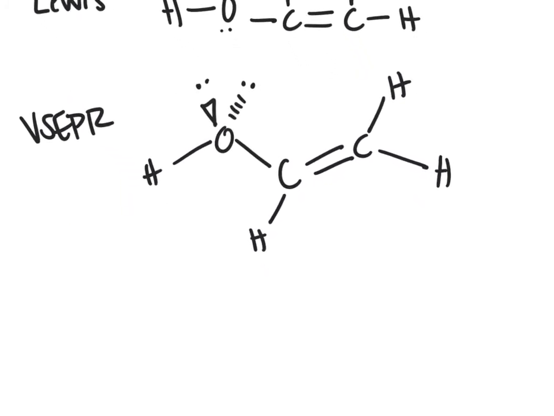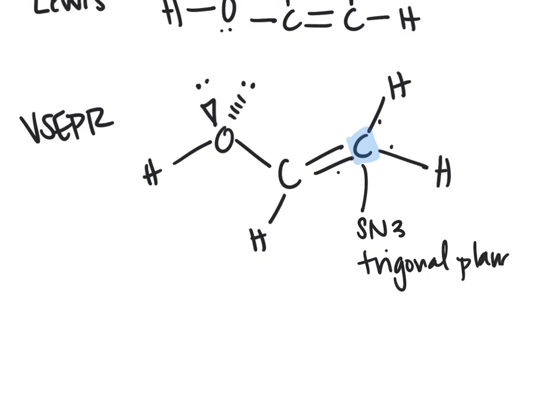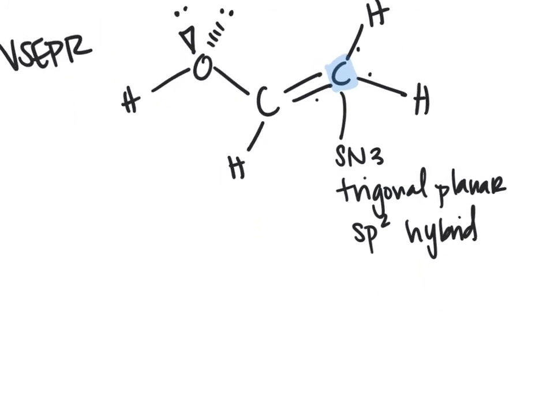So let's look at this carbon over here first. It has 1, 2, 3 things connected to it. So we have a steric number of 3. That means it's trigonal planar. And so we know that has to be an sp2 hybrid. And when it is an sp2 hybrid, it also has 1 pure p left.